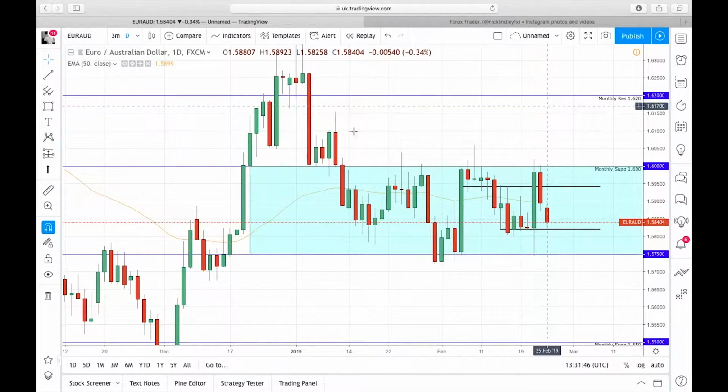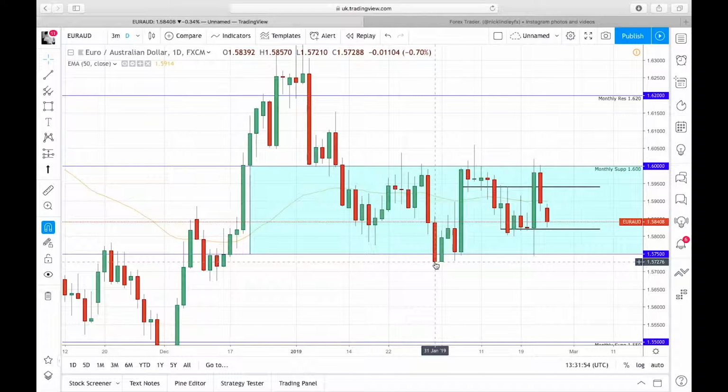As you can see, once we entered this zone, we had those tests of resistance. We had a false breakout here, and a lot of people probably would have shorted off this. However, we boosted back up, fell down, formed a higher low on support, and this huge, massive bullish engulfing candle came.